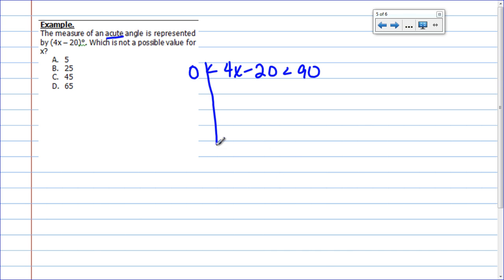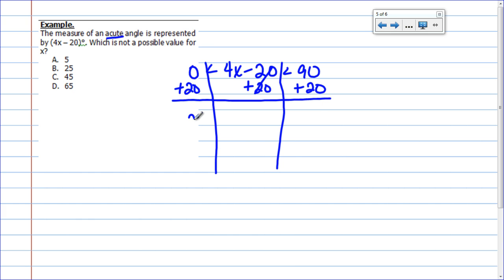So I can take this compound inequality I just made and solve it for x. I can do that by adding 20 to the middle, to the left, and to the right. And so I get 20 is less than 4x is less than 110.